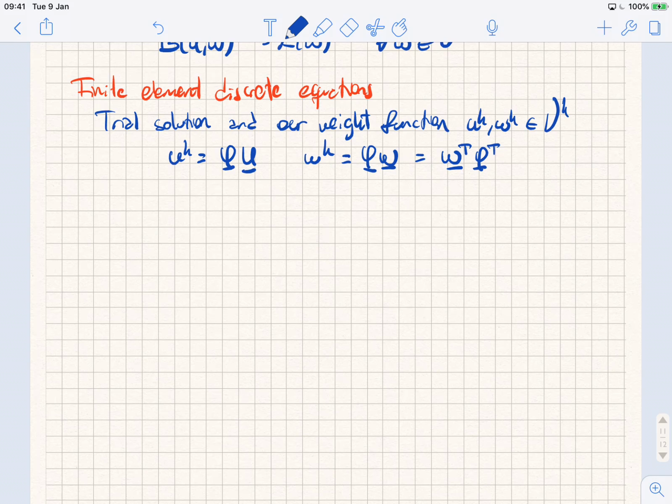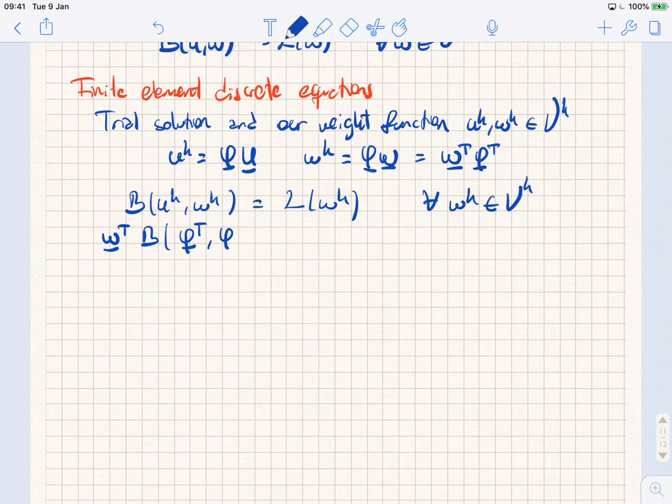So if we take our bilinear form now, the idea is to solve this equation. And so what we're going to do is plug that into that equation. And what you get is something where we're actually applying our bilinear form to our shape function vector, right?